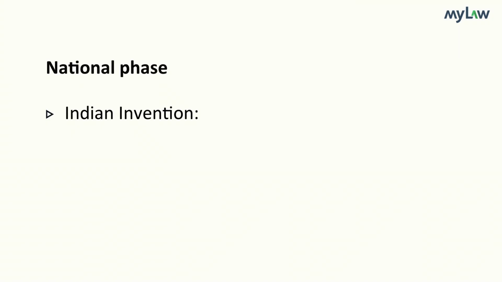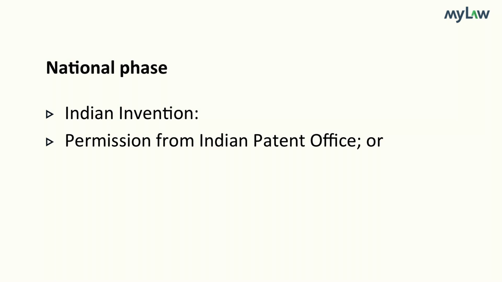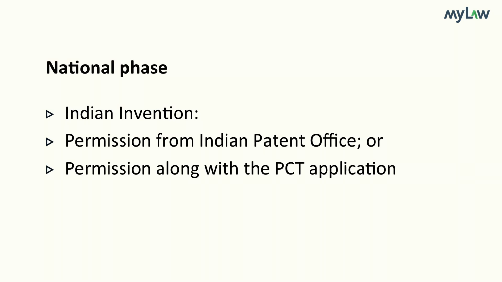It should be noted that if a PCT filing is the first filing for an invention invented in India, then either a permission for foreign filing should be sought from the Indian Patent Office or permission should be filed along with the PCT application.